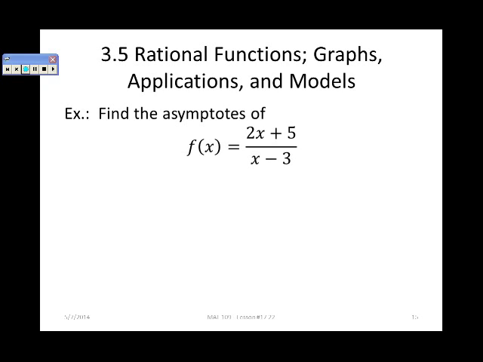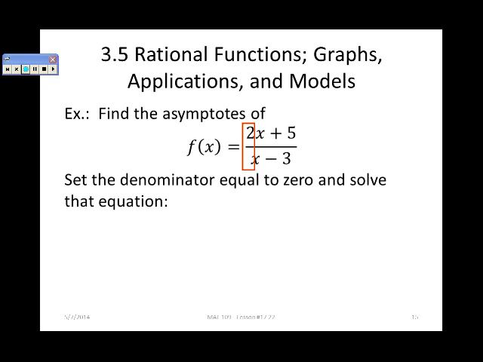They're equal, which means the exponent, not the coefficient, the exponent. So the exponents are equal. And that means what? It means you're going to take this coefficient and this coefficient, and that will be your horizontal.